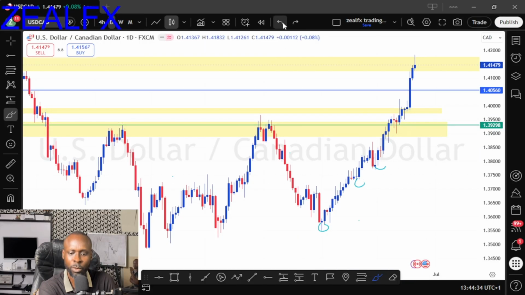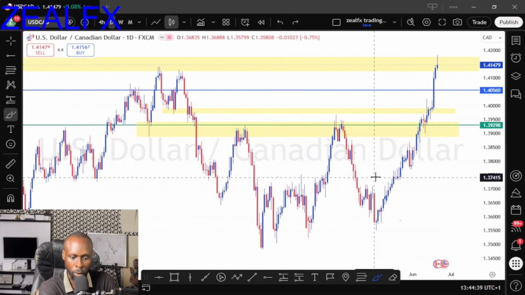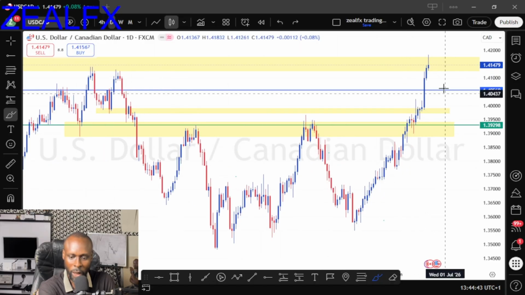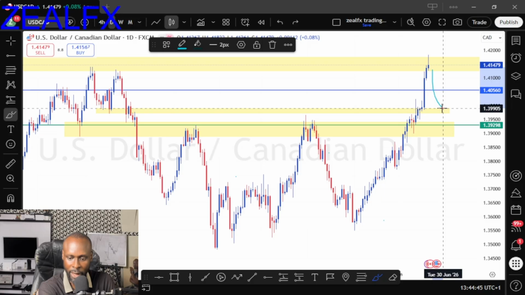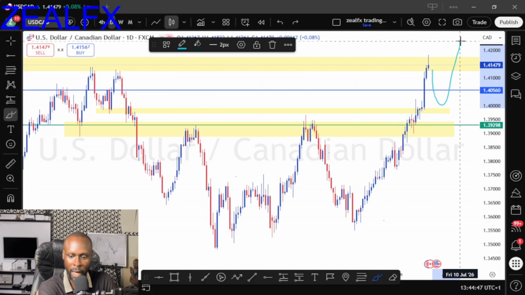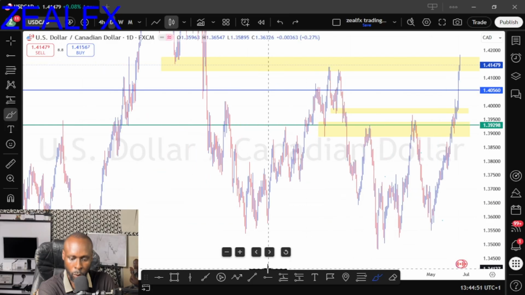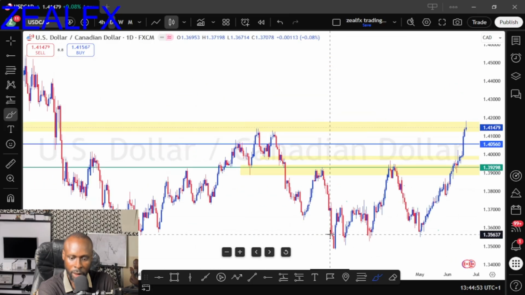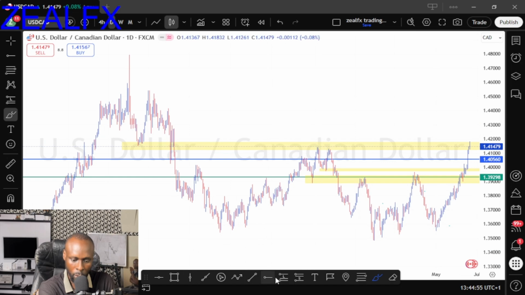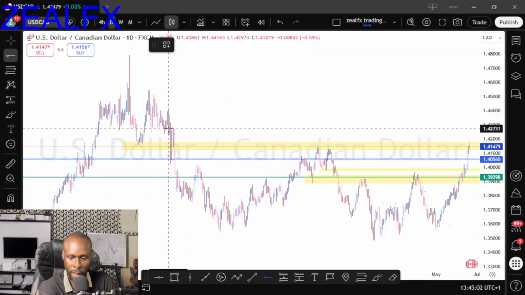So long as we have this bullish trend for the CAD USD, we also need to know our area of interest where we can start looking for more buys for the CAD USD. So we expect price to do a retest of this area, then we'll start looking for the possible buy for CAD USD to the top. So we expect more buys for CAD USD to this next resistance level on the daily time frame, which price has broken above.